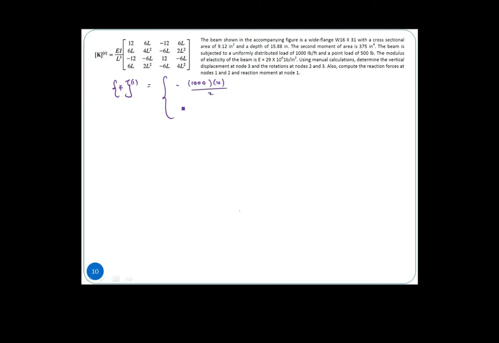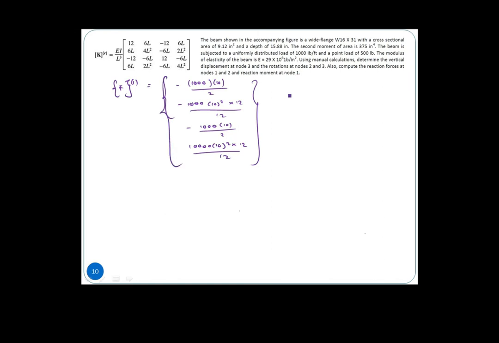Then we have negative 1,000 times 10 square times 12 divided by 12. Then we have negative 1,000 times 10 divided by 2. And we have 1,000 times 10 square times 12 divided by 12. So this will be our first load matrix.